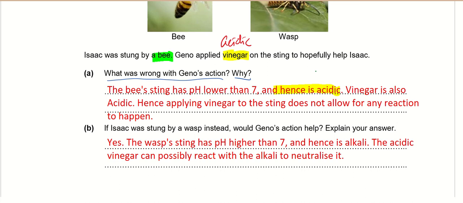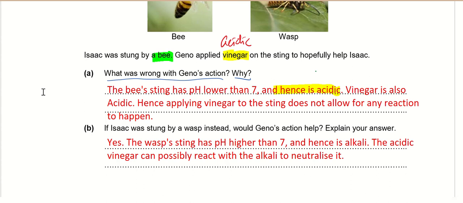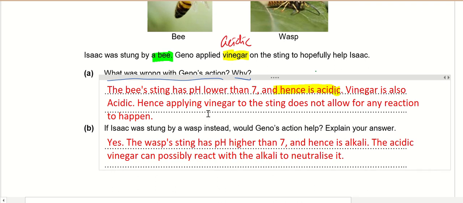For bee sting and wasp sting, the part that is acidic is probably the toxic portion, the toxins. If you happen to get a bee sting, there are certain toxins which may not kill depending on what bee it is, I'm not too sure. But the way to go about treating it is applying some alkaline, because it's acidic, hopefully to neutralize the toxin.